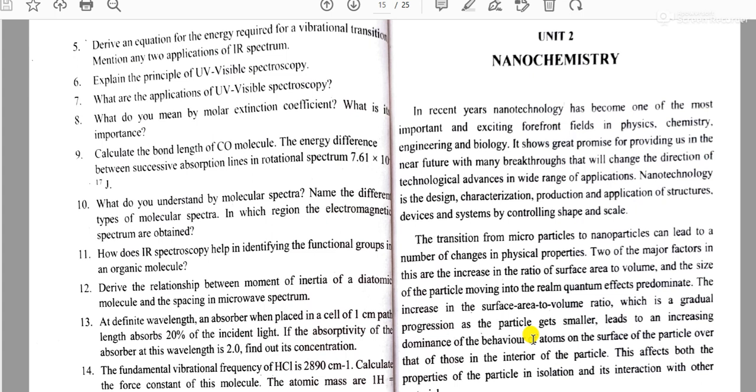But in reverse, in the case of nanomaterials, more atoms will be on the surface and fewer atoms in the bulk of the nanomaterial.